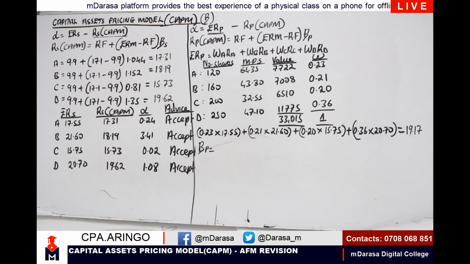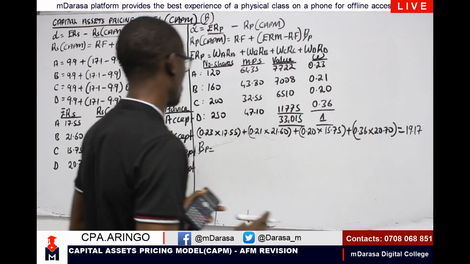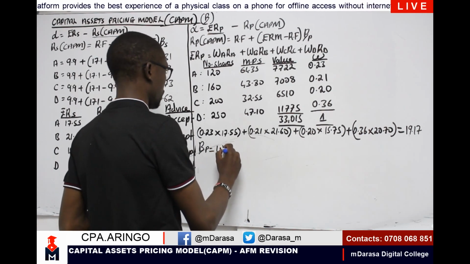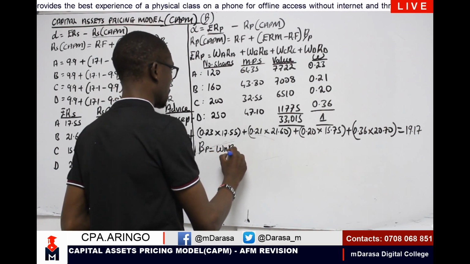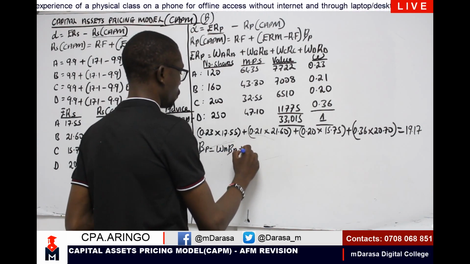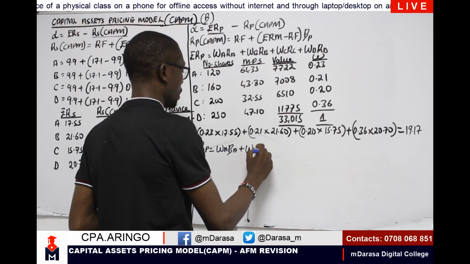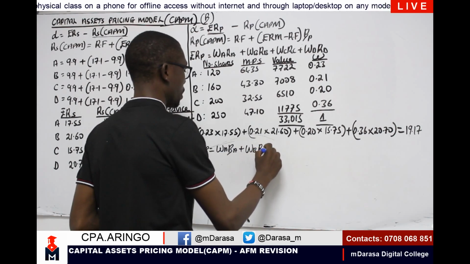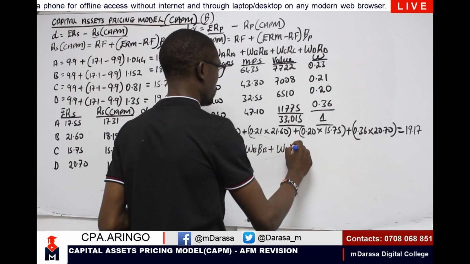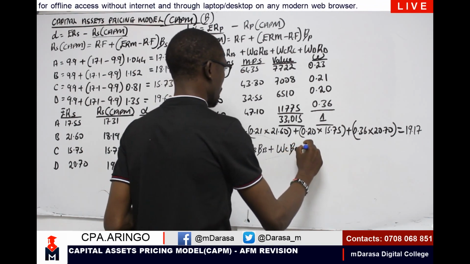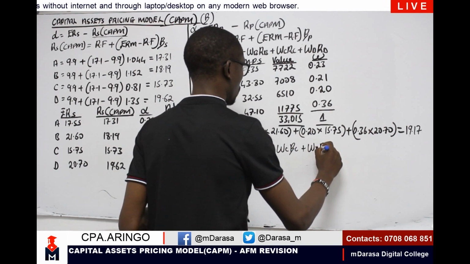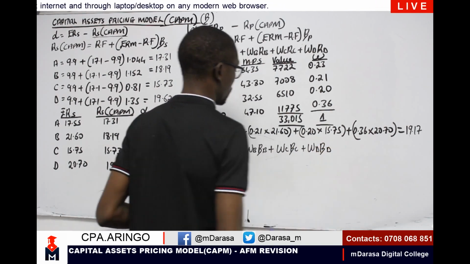So the same case, to determine that beta of the portfolio, we should be having the weight of A times beta of security A. We need to add weight of B times beta of B. We need to add weight of C times beta of C, then plus weight of D times beta of D. Right?